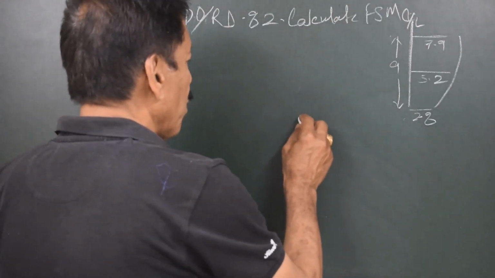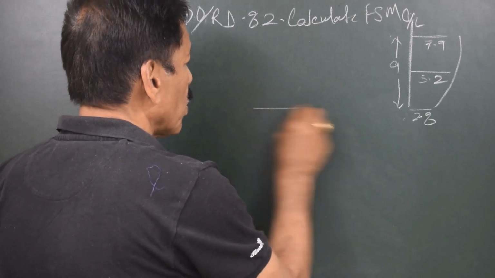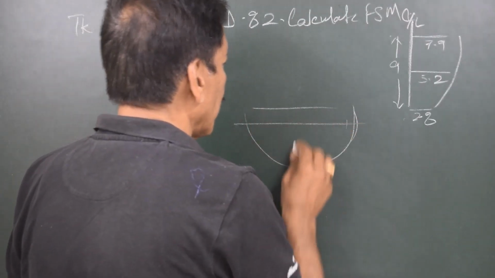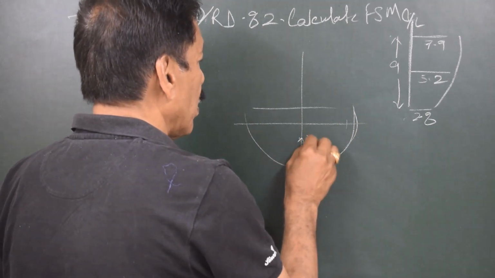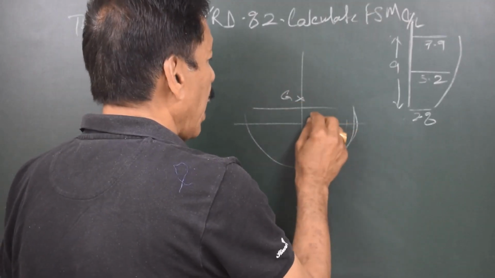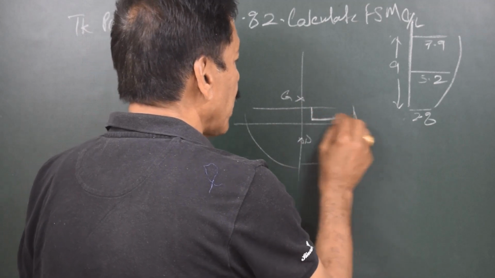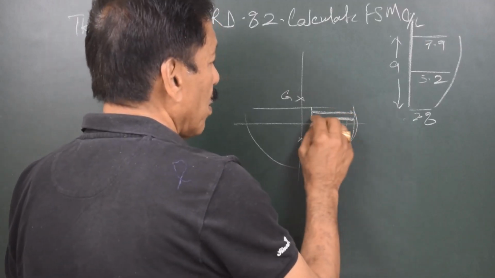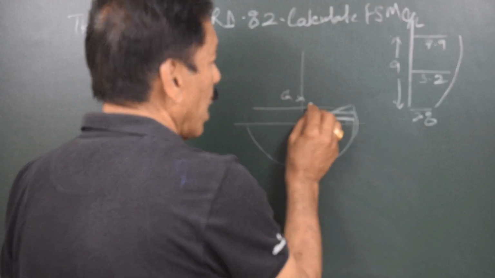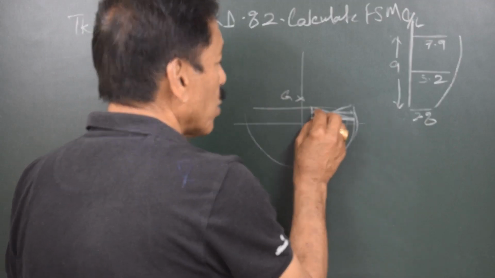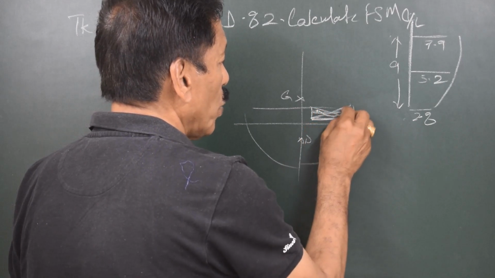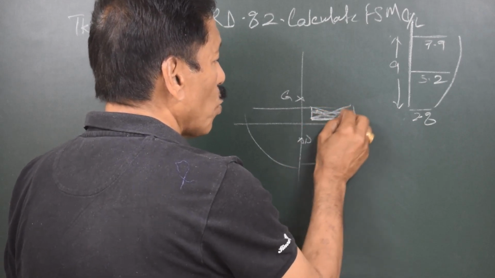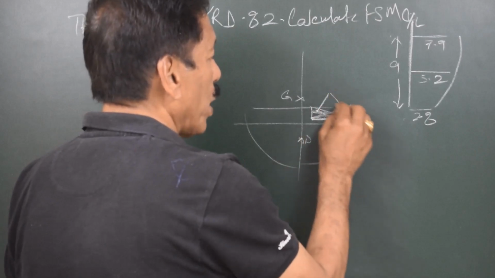In a very simple explanation, suppose here is the ship, this is the center of buoyancy and this is the center of gravity, and here is a tank where the liquid is partly filled. The liquid goes to the starboard and then goes to the port, and this wedge of liquid goes to and fro, as if the swinging point is here.